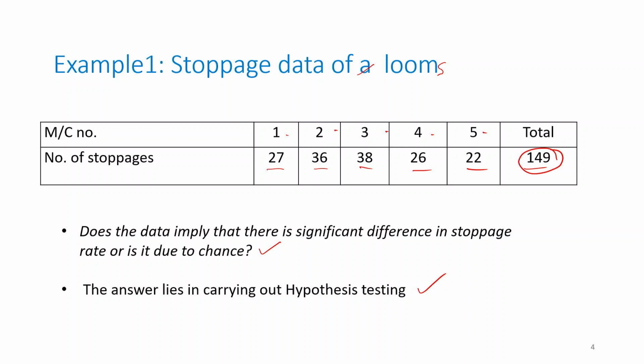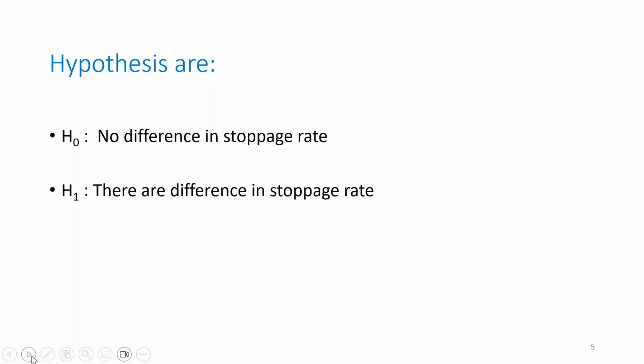How do we perform this test? We will say the null hypothesis is no difference in stoppage rate. So the alternative hypothesis will be there are differences in stoppage rate. This is obvious and we have already learnt it earlier.